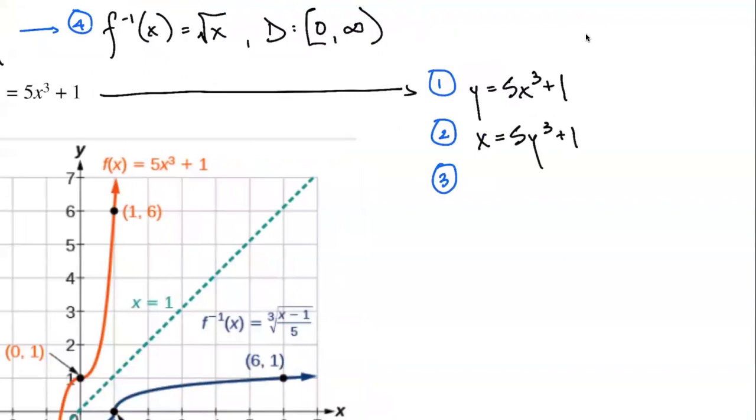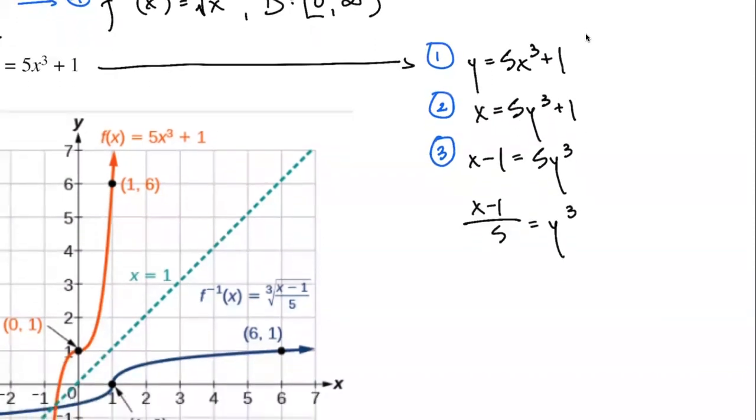Okay, so the first thing I'm going to do is take this plus 1 and subtract it from both sides. So x minus 1 equals 5y cubed. All right, next thing we're going to do, we're going to divide by the 5. So we're going to get x minus 1 over 5 equals y cubed. And last thing to get y by itself, we're going to take the cube root, all right? So the cube root of x minus 1 over 5 equals y.